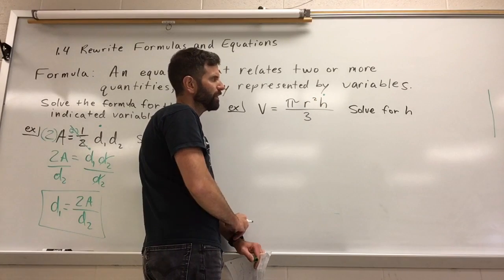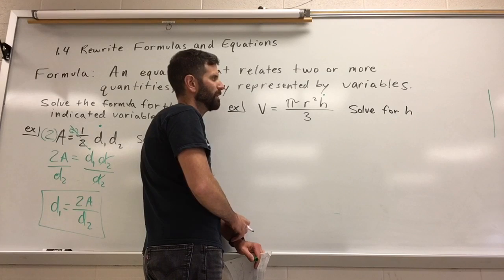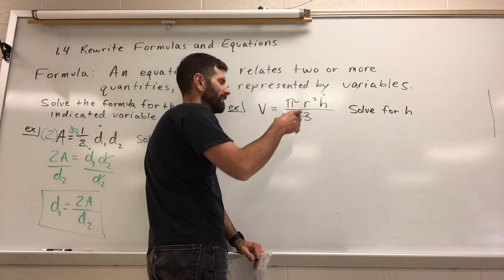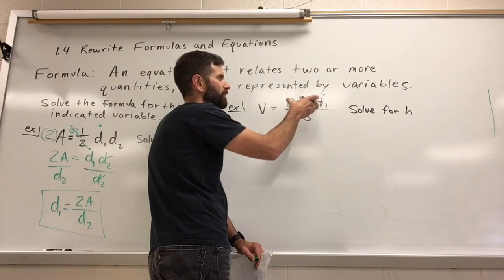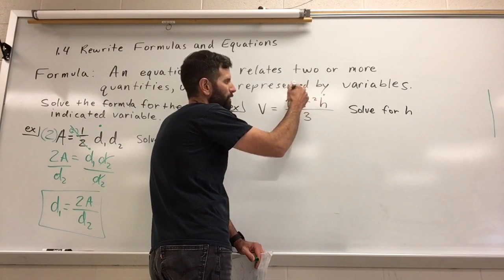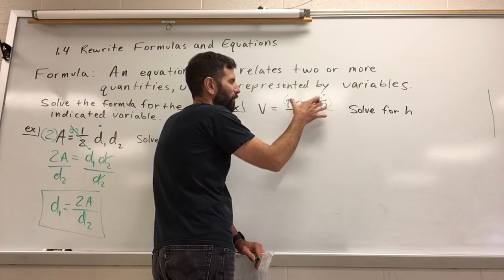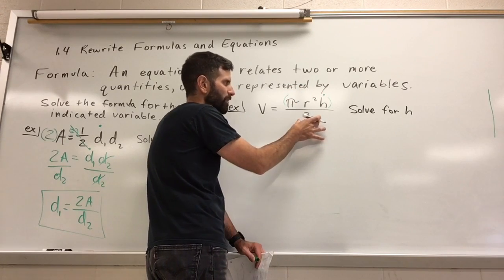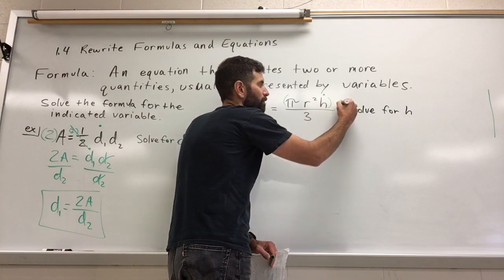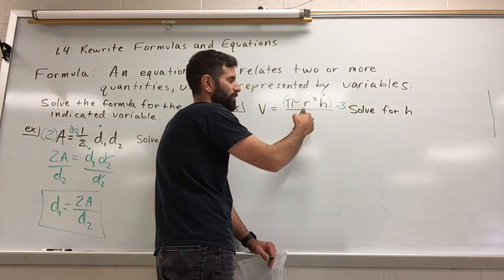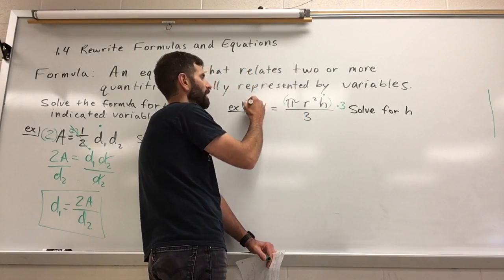Now here's what's tricky about this. Actually, I guess it's not too bad. I like to think of fractions as grouping symbols. So I think of these as kind of being one thing and the 3 being separate. So my first step on this would be to multiply by 3 to undo dividing by 3.